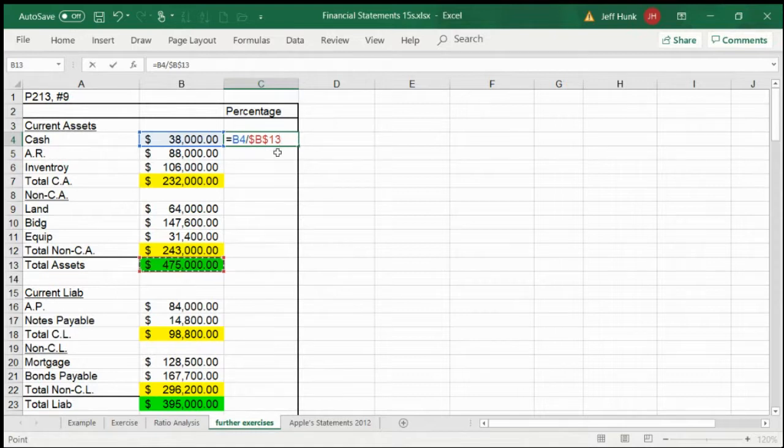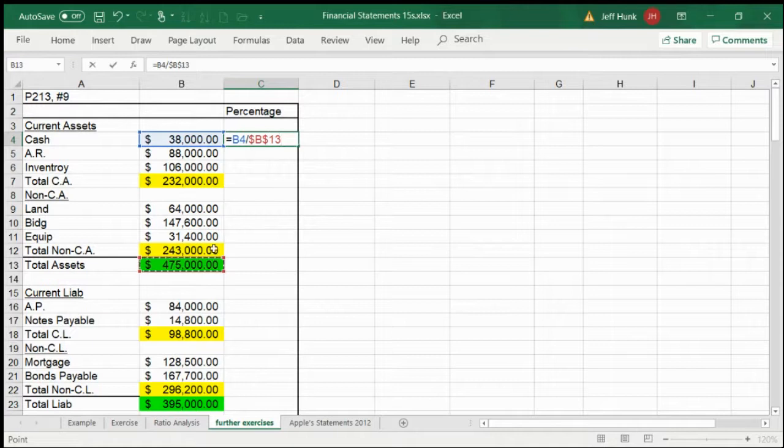Because if you don't lock it, as you go down the row, in the second row it's going to be B5 over B14. It's going to be B6 in row 6, B6 over B15. In other words, the denominator will move, and you can't allow that to happen because the denominator has to always be the total assets.